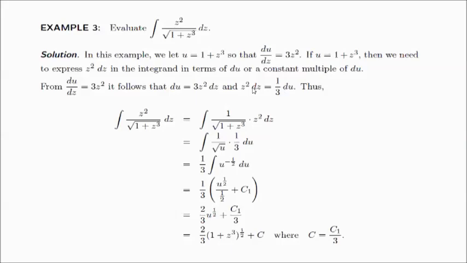Okay? Ngayon kapag ginayos siya class, integral ng 1 over square root of 1 plus z cube. So magiging 1, and then hiniwalay class yung z squared dz. Magiging 1 over square root ng u, kasi ito class is u, di ba? Then isama yung square root.